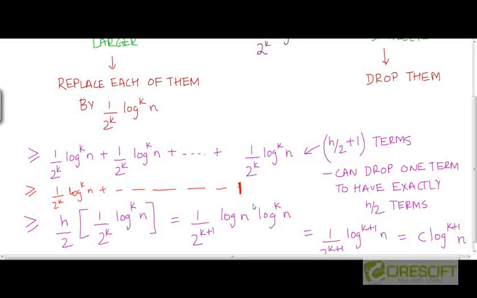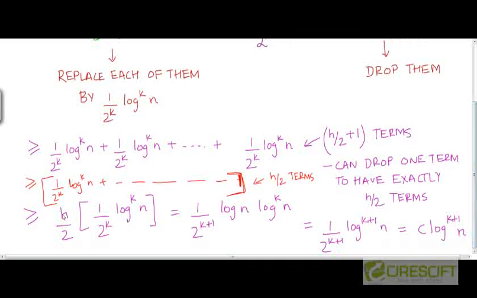Now the value of this series with h by 2 terms is nothing but 1 by 2 to the power k times log to the power k of n multiplied by h by 2, because the same term is appearing h by 2 times.